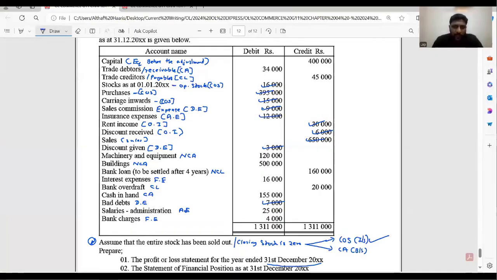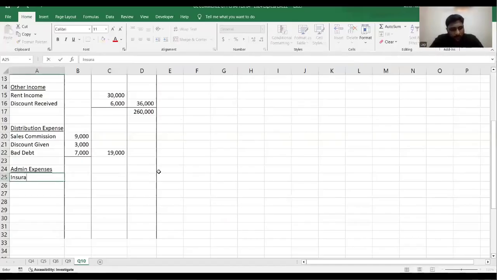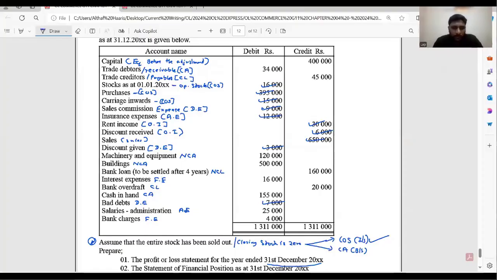Insurance expense 12,000. Then admin salaries 25,000.